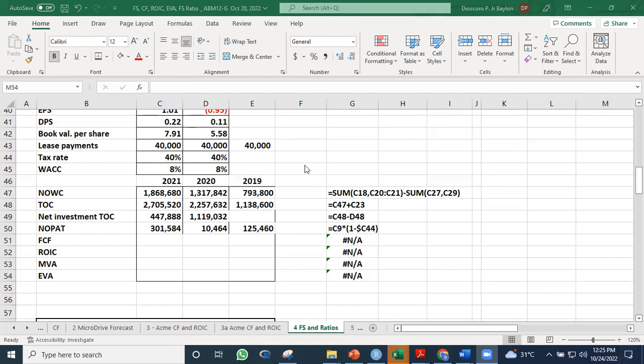Feedback again, please, if you were able to get the NOPAT, net operating profit after tax. We can see here an improvement in the net operating profit after tax. Bumaba lang talaga sila noong 2020.